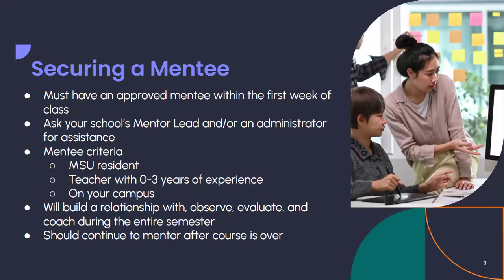If you don't have a mentee within the second week of class, you're already behind. I'm not saying you can't catch up, but it's challenging. Ask your school's mentor lead and or an administrator for assistance in finding someone. The ideal criteria should either be an MSU resident.